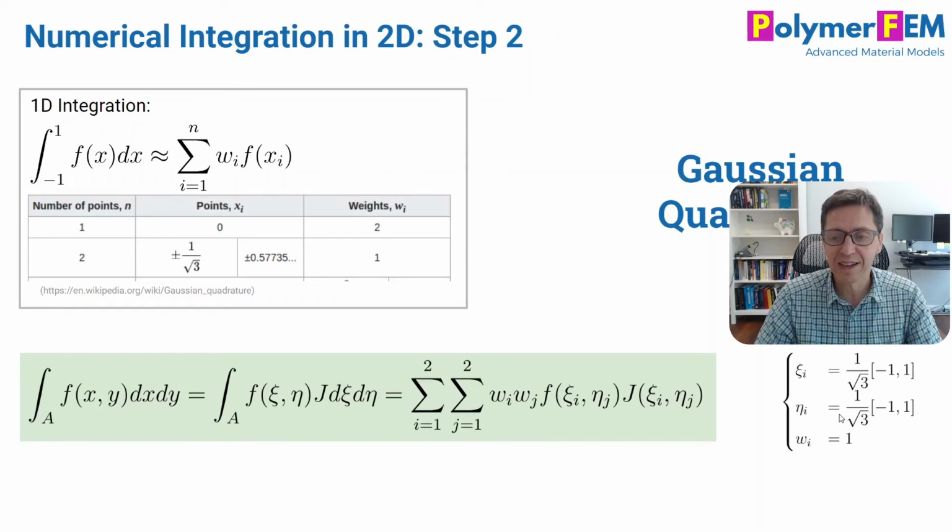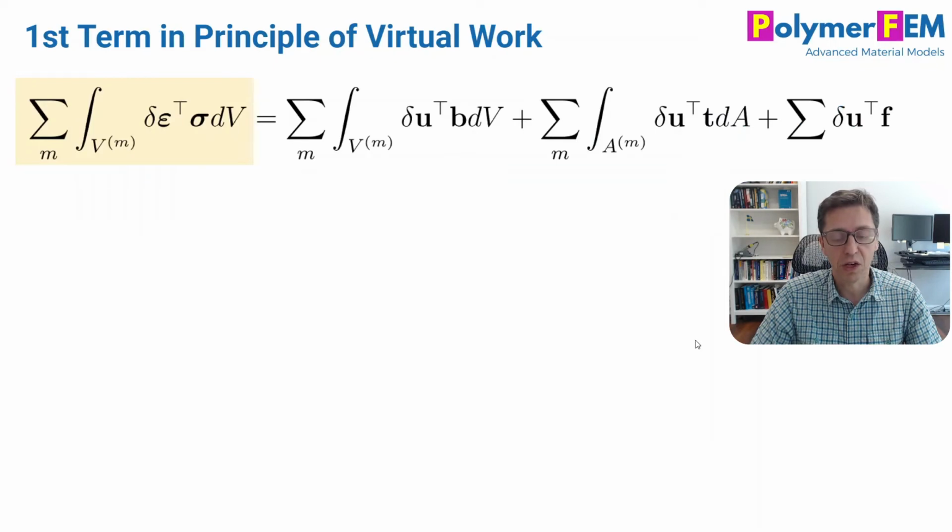These are the ones that are selected in this method to get the most accurate results in general. So they are 1 over square root 3, plus and minus. The weight factors in this case end up being 1. So they're all 1. So there's the equation for that. We just need to evaluate this, and it's very easy to do, right? So therefore, we can calculate these area integrals very quickly and numerically accurately.